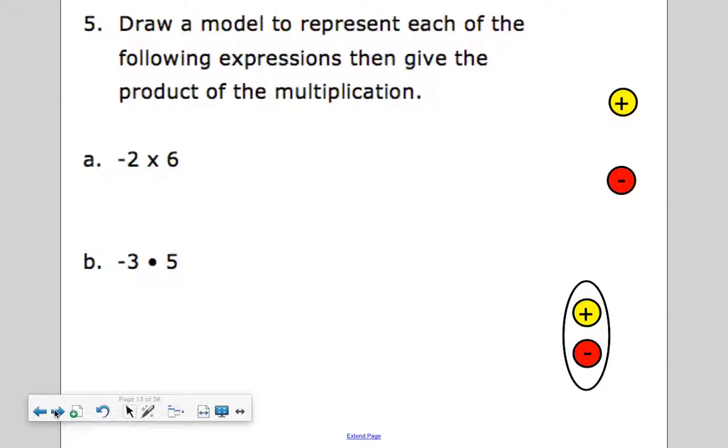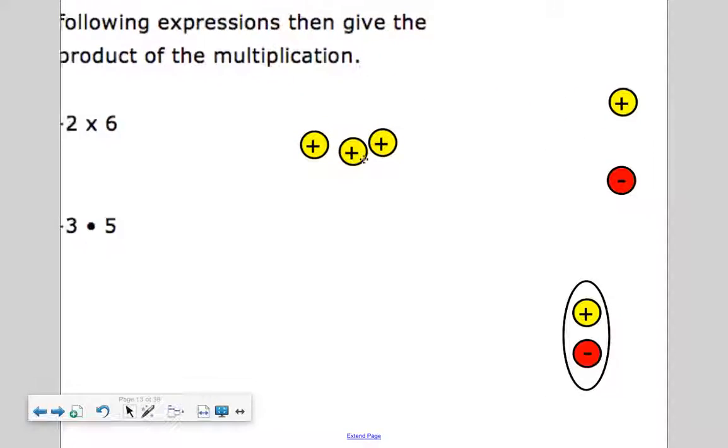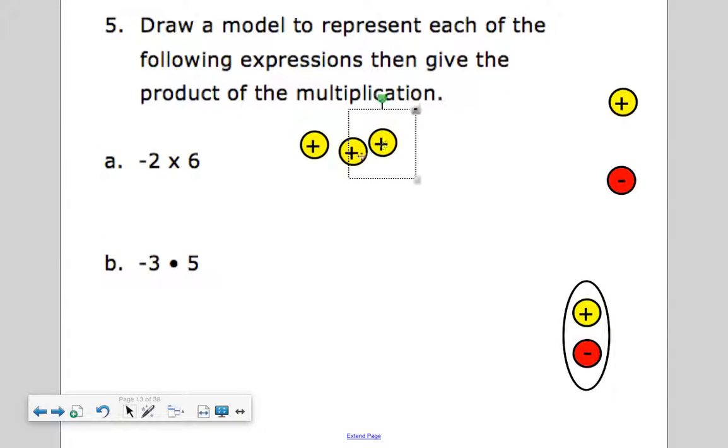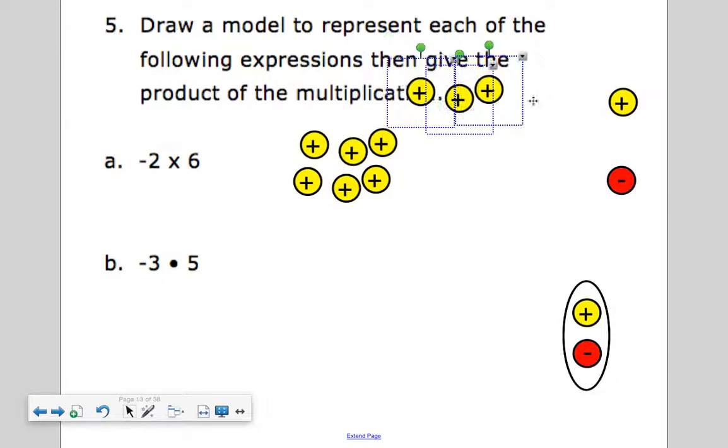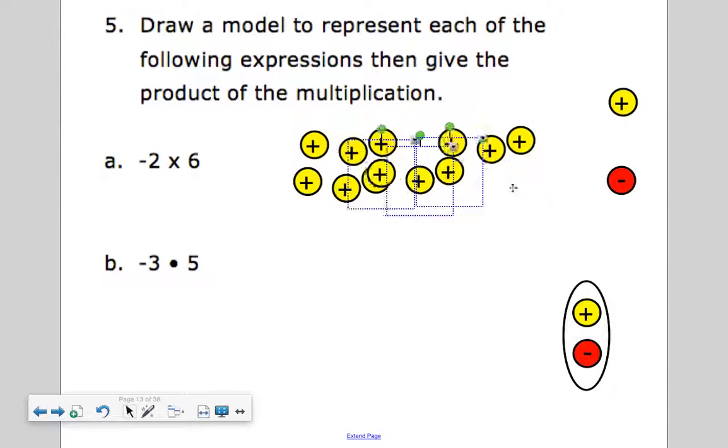So draw a model to represent each one. It's saying do the opposite of 2 times 6. 2 groups of 6. So this is our first group of 6. This is our second group of 6.